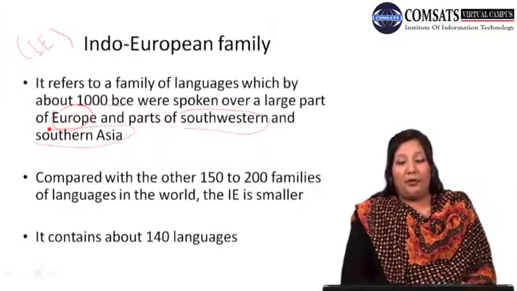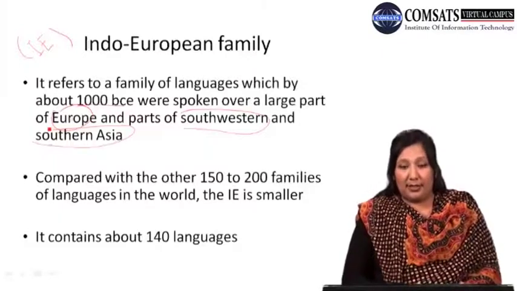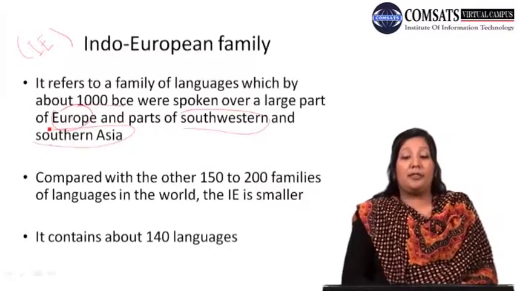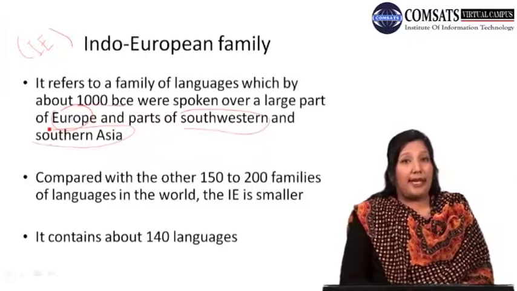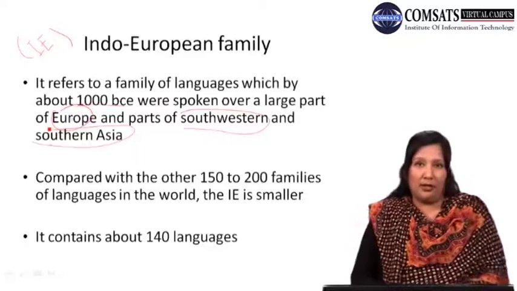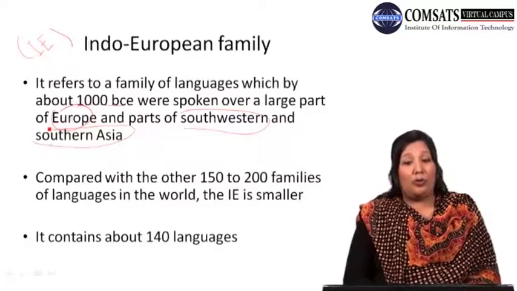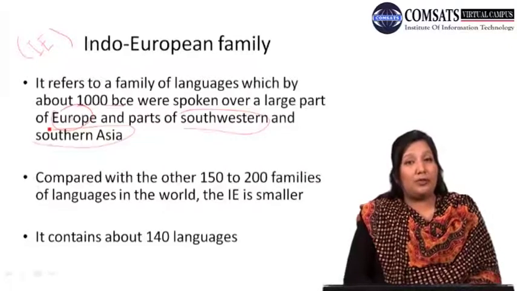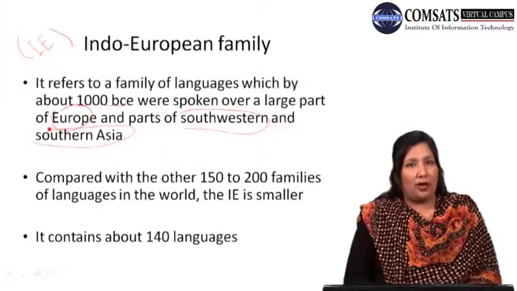Compared with the other 150 to 200 families of languages in the world, the Indo-European is a smaller one. We are saying that this is the most popular one, but there are almost 150 to 200 families of languages present in the world.